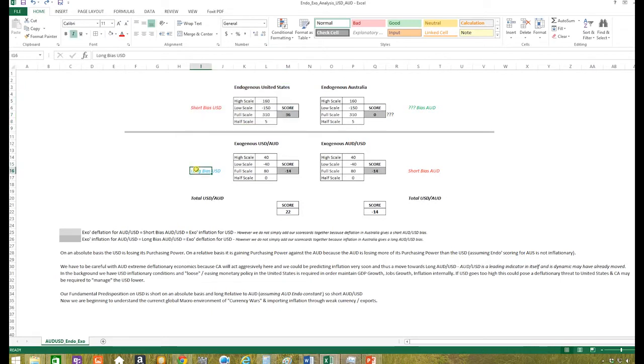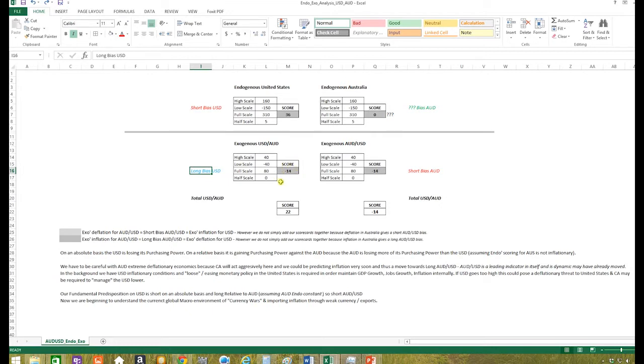Now let's have a look at this in a bit more detail in terms of the dynamic relativity principle. If we have a deflationary number over here and we have a short bias in Aussie dollar, US dollar, then deflation on the Australian economy side would imply through the dynamic relativity principle that we have inflation in the United States or inflationary conditions.